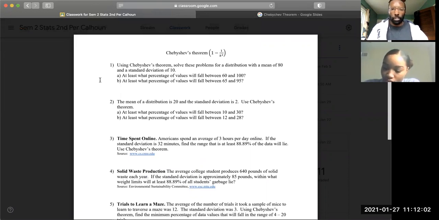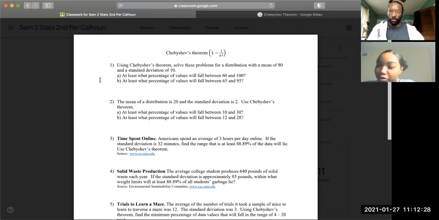Using Chebyshev's theorem, solve the problems for distributions with a mean of 80 and a standard deviation of 10. So we want to know what percentage of values will fall between 60 and 100. So first question, how many standard deviations away is that?